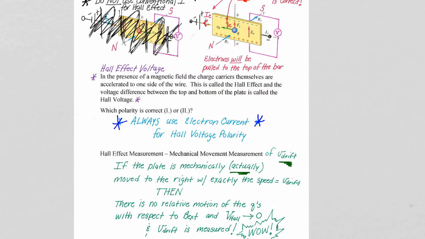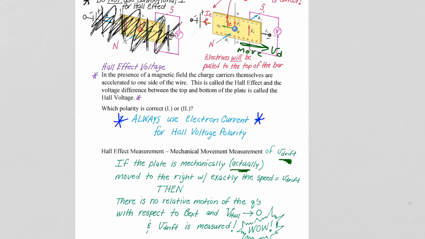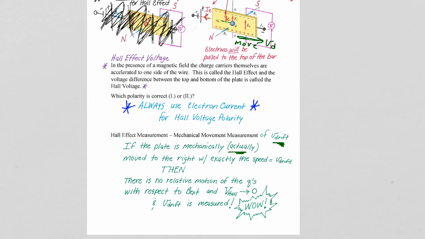So if we could pull this plate to the right with speed v drift, at that point you would have no relative motion between the Q's moving with speed v drift and B external, and the Hall voltage then collapses, goes to zero, and v drift is now mechanically measured.